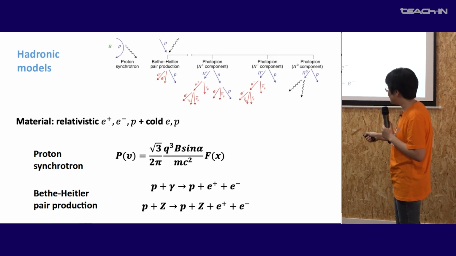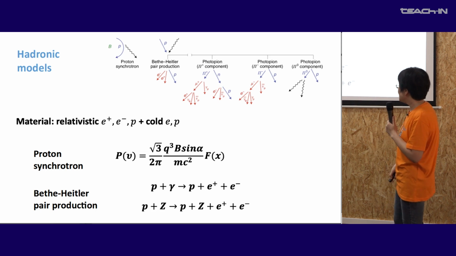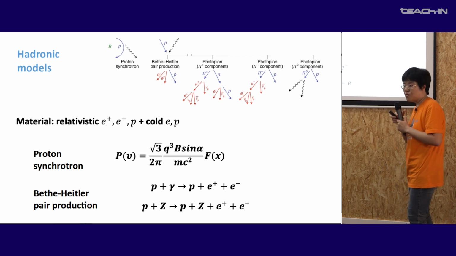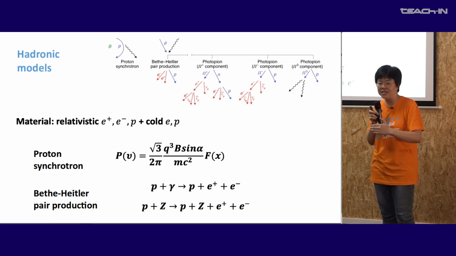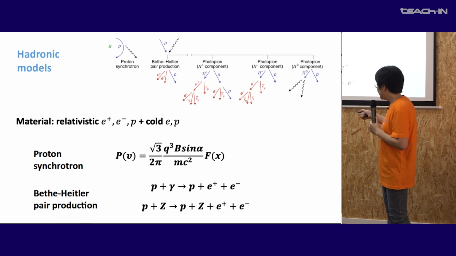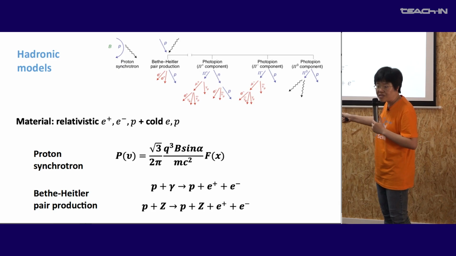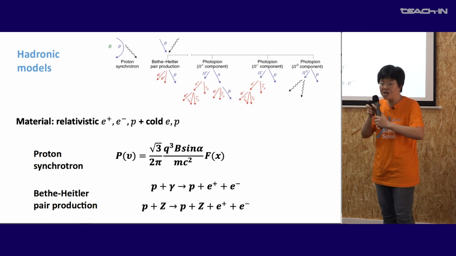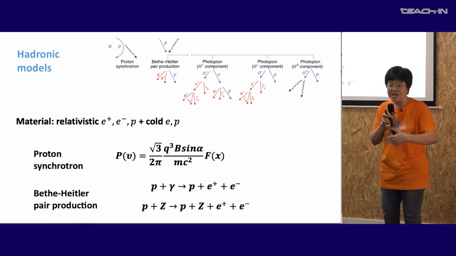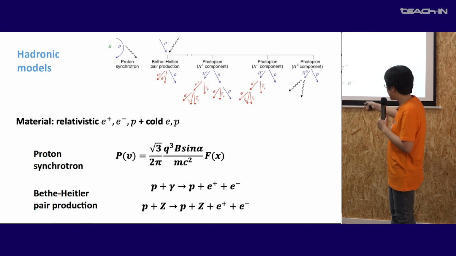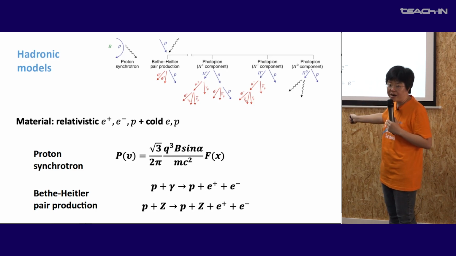Bethe-Heitler pair production is like you have a proton that will interact with a lower energy photon. And it's like you give some energy to the photon. The photon will interact with another photon to produce the electron and positron pair.